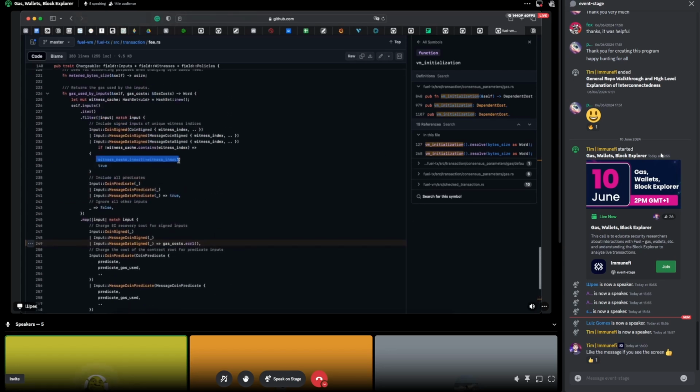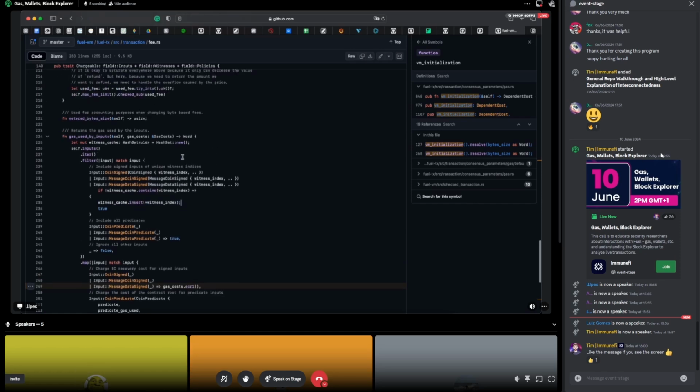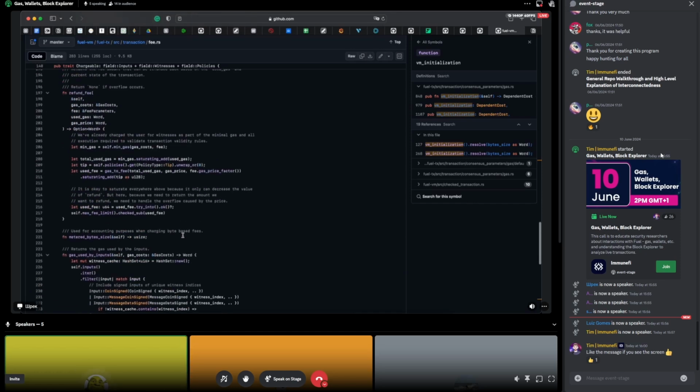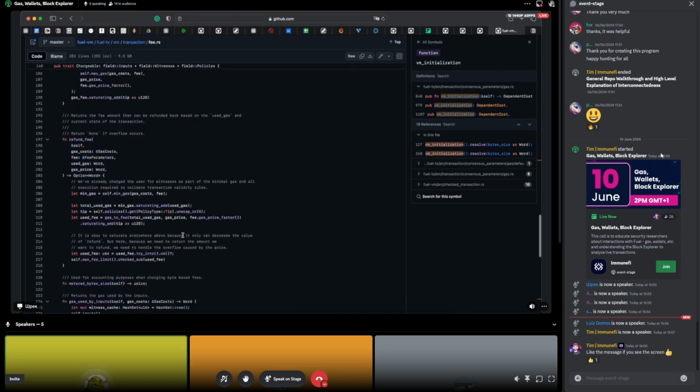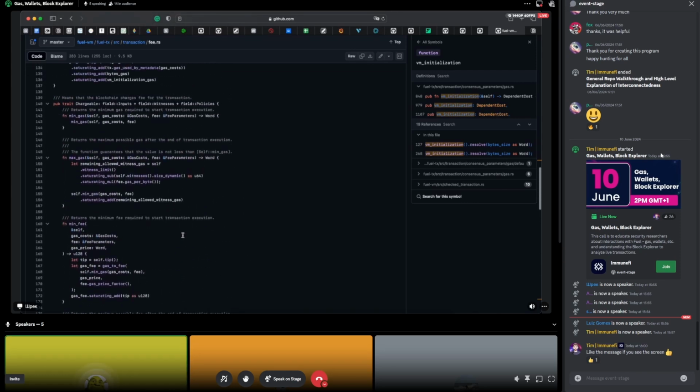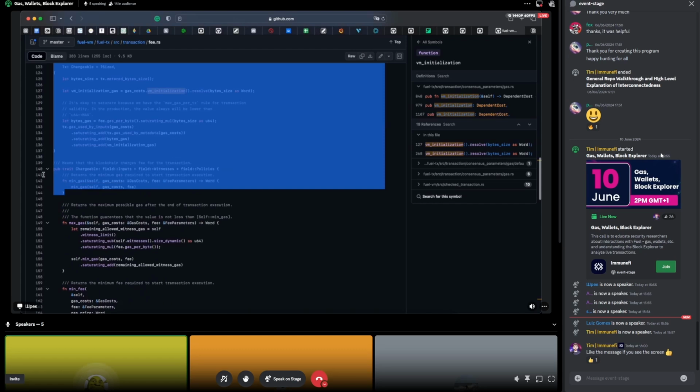Also we charge for recovery of the public key from signatures if you're using signed coins, and any recovery that is supported. All of that defines the minimal gas that your transaction will consume.